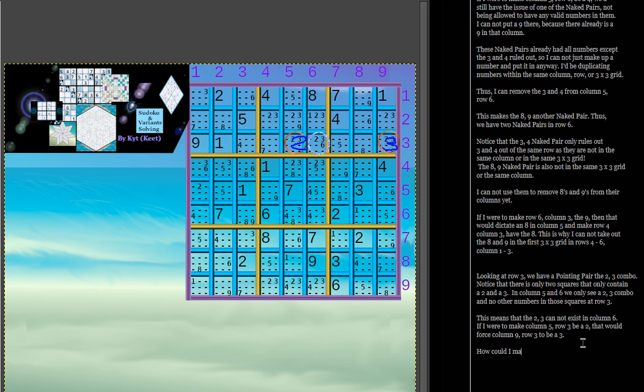How could I make then column 6 row 3 be a 2 or a 3? I could not.